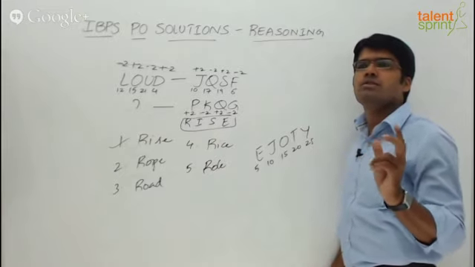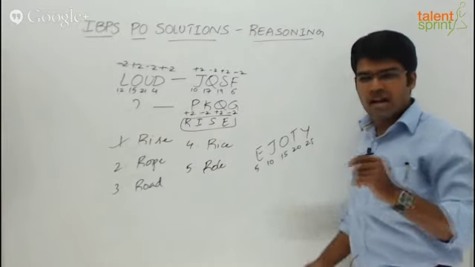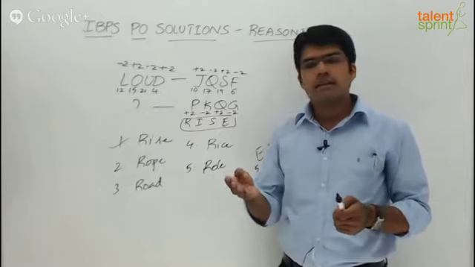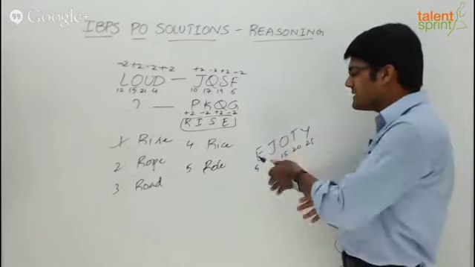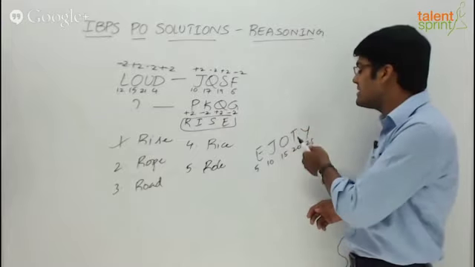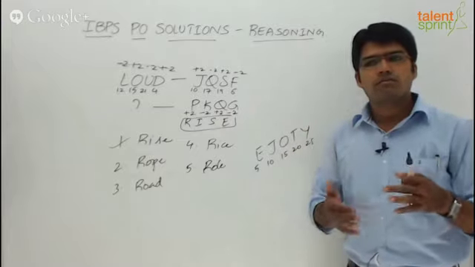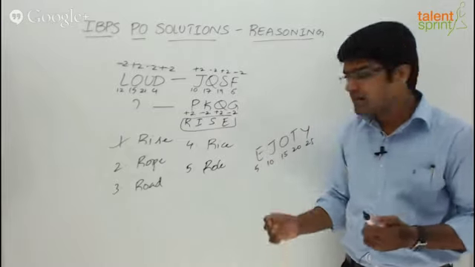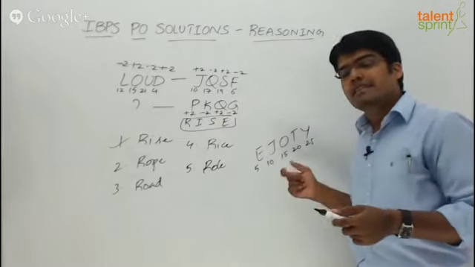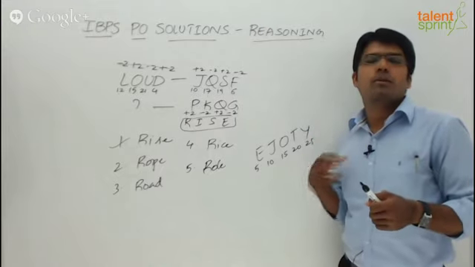For example, I want the position of P. Now if you start counting from A, B, C, D, E, F, G, H, it is going to take a lot of time. But this way, if you remember that E is 5, J is 10, O is 15, T is 20 and Y is 25, you know O, P, that's very easy for us. O is 15, so P will be 16. So this way, the rule EJOTY will help you to some extent.